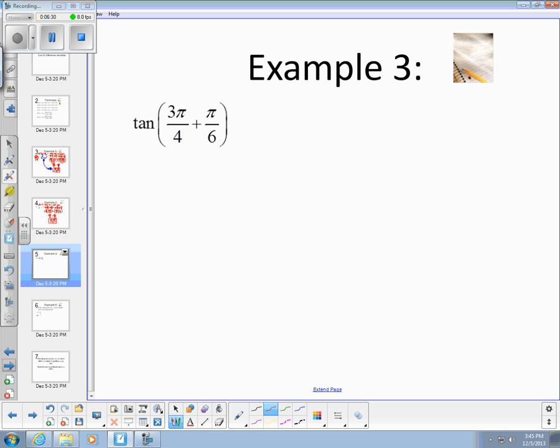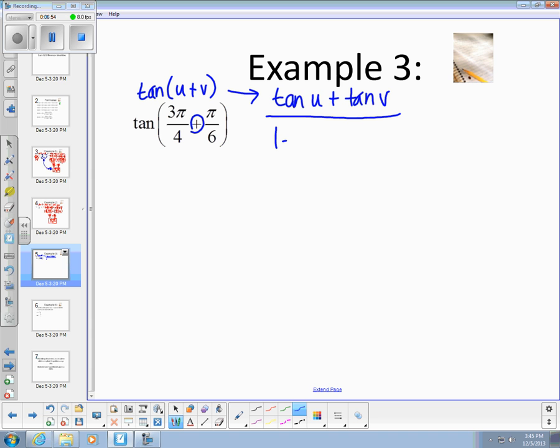Okay, now let's look at the formula for tangent. The formula for tangent is a little bit more complicated. So tangent, and this time I want the one for u plus v because of the sign in the middle, is equal to the tangent of u plus the tangent of v over 1 minus the tangent of u times the tangent of v.